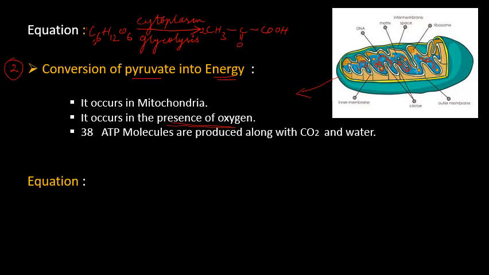Here C6H12O6, that is cytoplasm, it takes place through the process of glycolysis, it gives pyruvate.